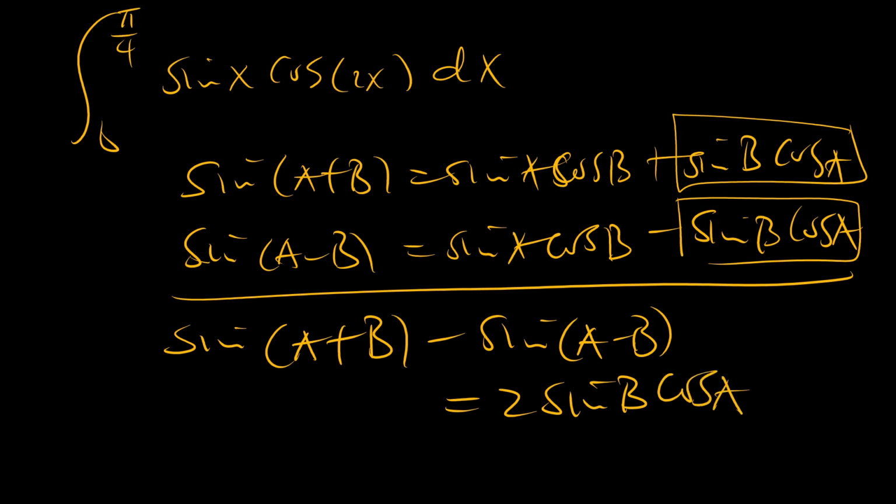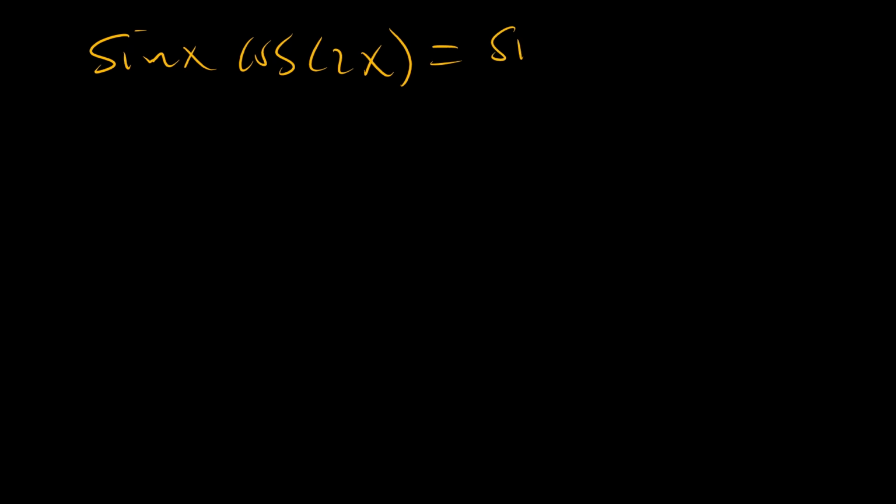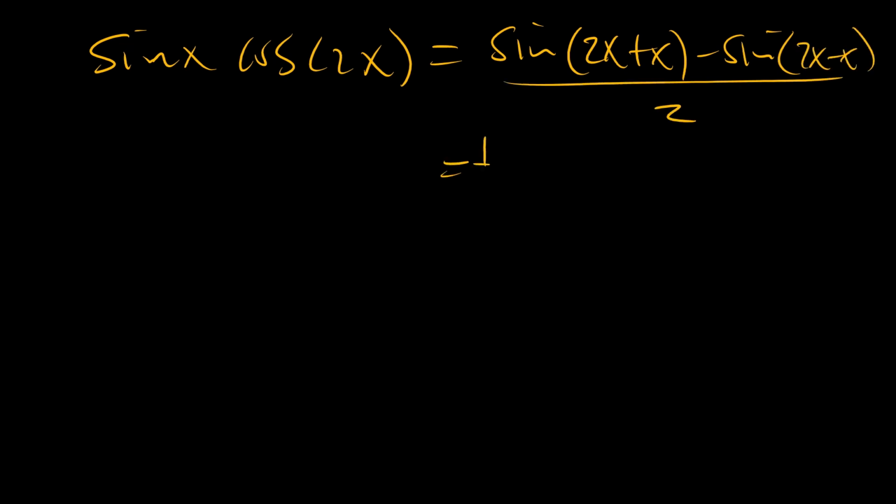Therefore, you divide both sides by 2, and it's very easy to see that sine x cosine 2x is equal to sine of (2x plus x) minus sine of (2x minus x), divided by 2. So this is a half of sine 3x minus sine x.